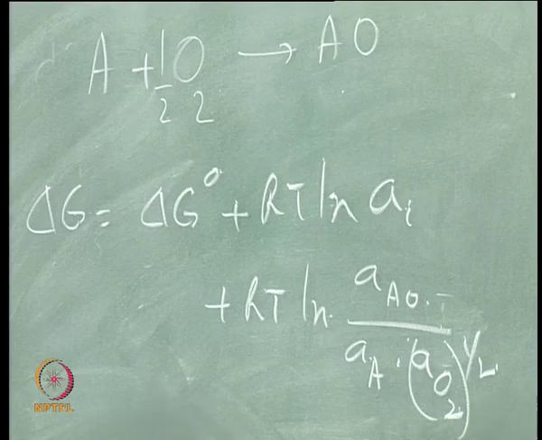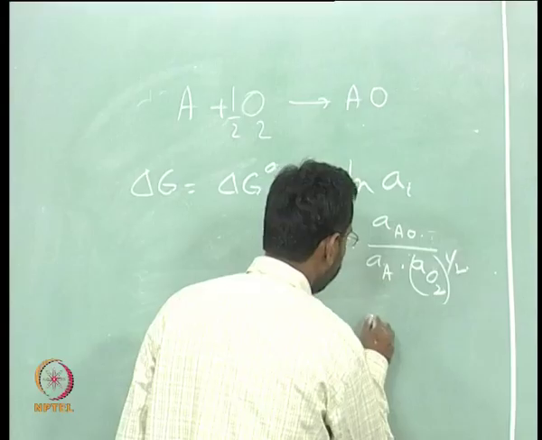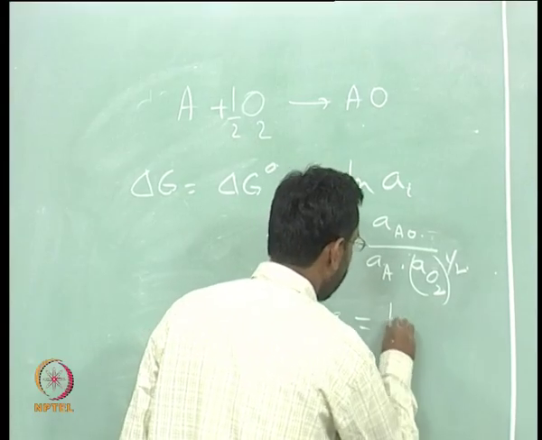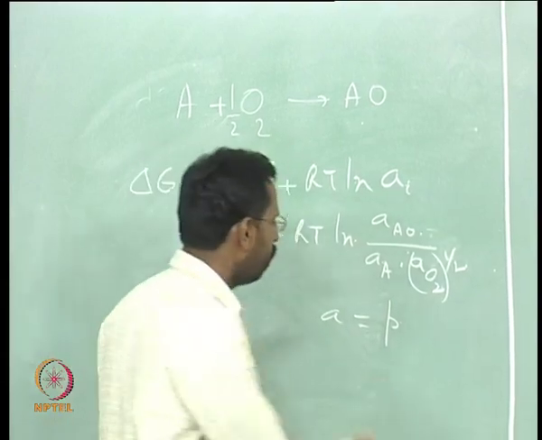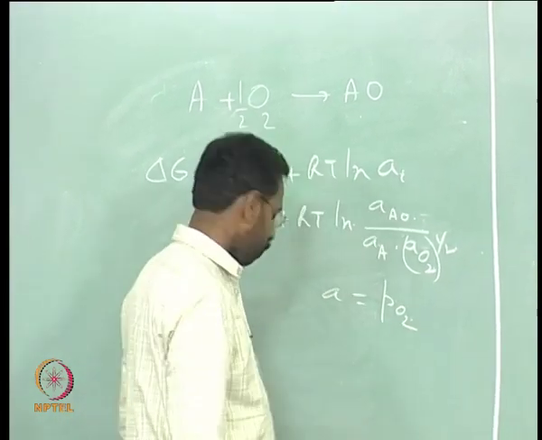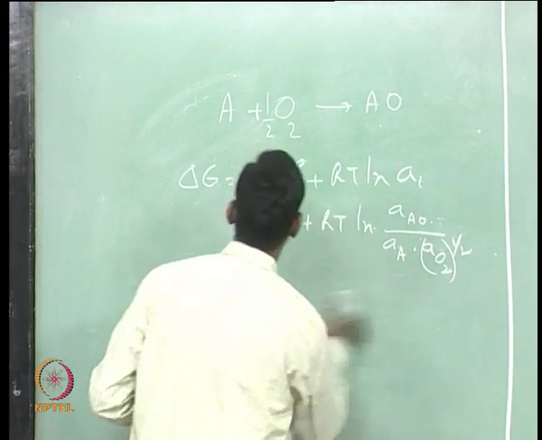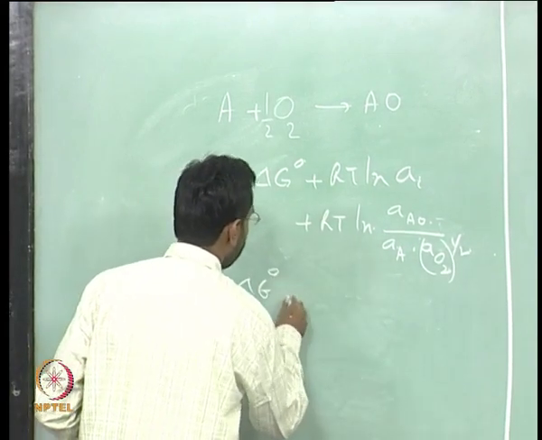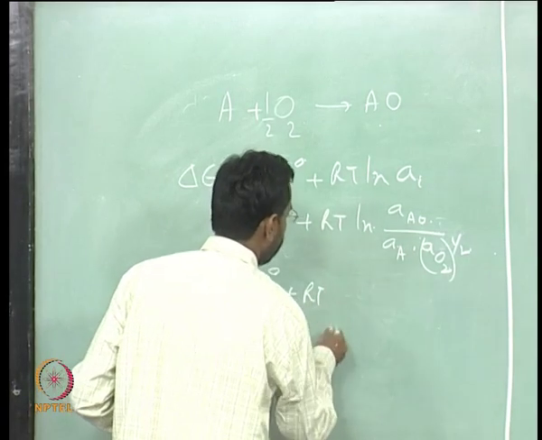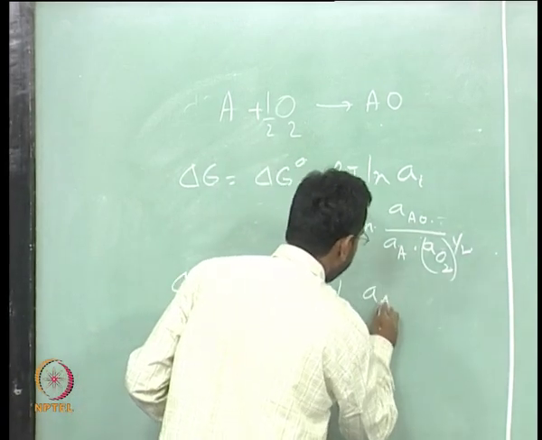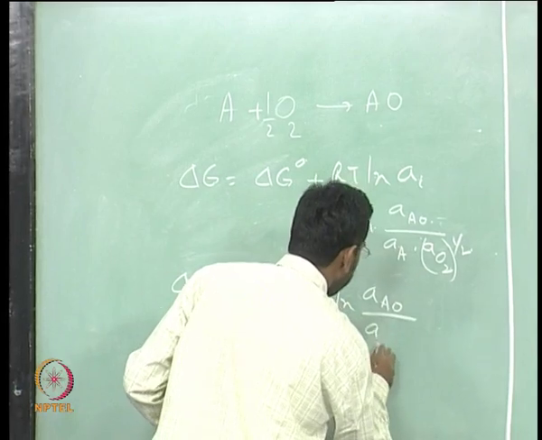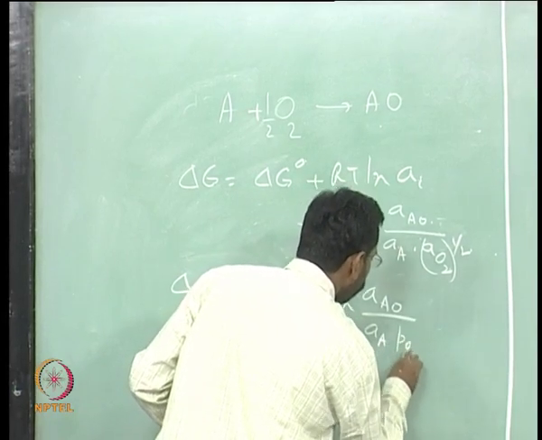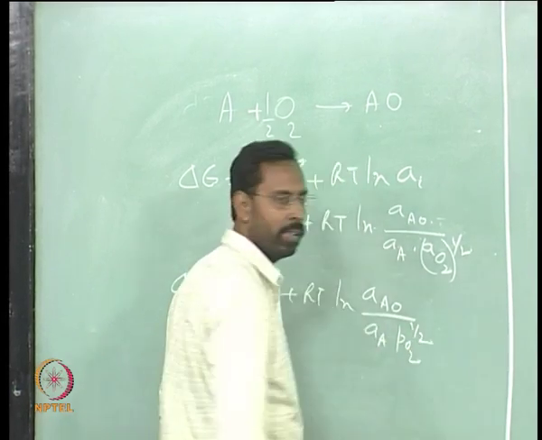And the activity of O2, in case of gases, we can represent as partial pressure. So, this becomes PO2. You can write this whole expression as delta G is equal to delta G naught plus RT ln of A of AO divided by A of A into PO2 to the power half.